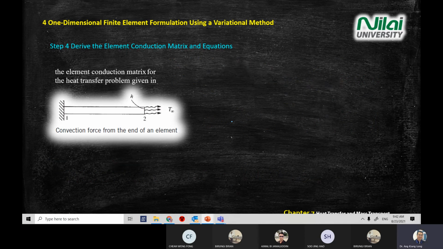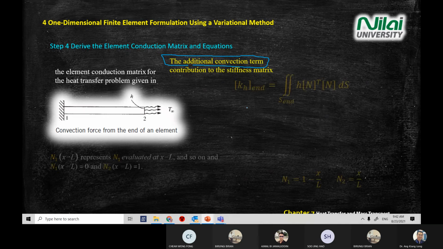So let's look at only the additional convection term, which gives you the KHN here. And there's a derivation of the equation.